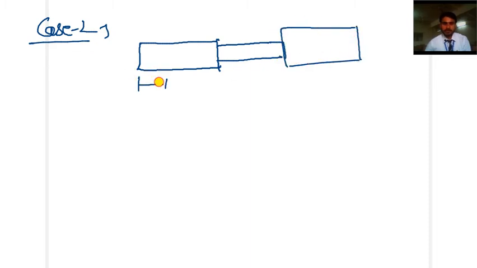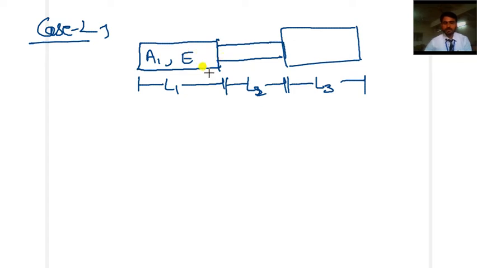The length of the first one is L1, the second is L2, and the third is L3. The area of the first rod is A1 and the modulus of elasticity is E for all the bars, because the bars of different diameter are of the same material. Here the area is A2 and the modulus of elasticity is E, and here the area is A3 and the modulus of elasticity is E again.